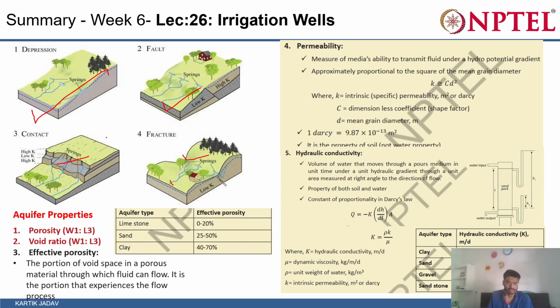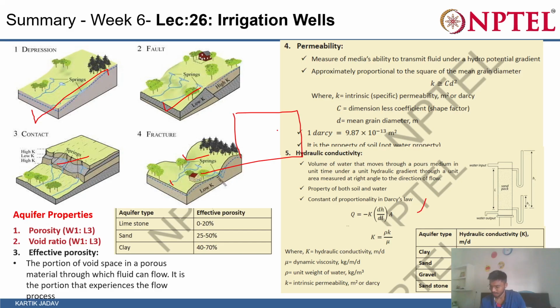Then in this lecture, we started with effective porosity. Effective porosity is the portion of void space in a porous material through which fluid can flow. In total porosity, not all pores contribute to water flow.